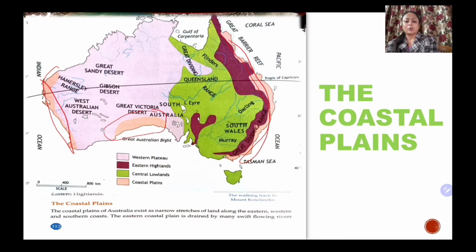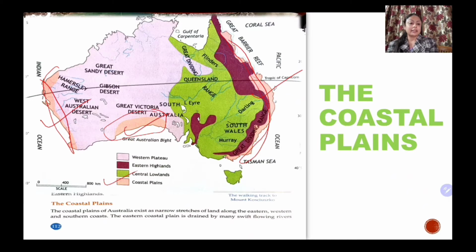The coastal plains are formed by sediments brought by the rivers as well as by the ocean waves, which deposit sediments at the coast, and the coastal plain is formed.